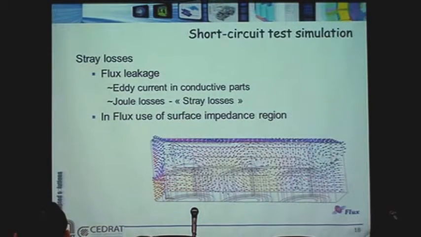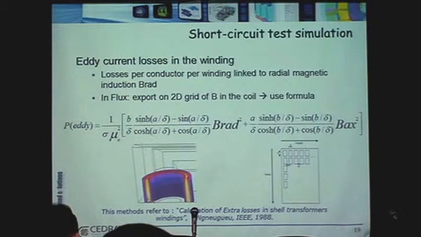All those arrows show you the current distribution inside the tank. That's just to give you an idea of the eddy current losses inside the winding. This is going to be programmed inside the software also, so you're going to be able to get this kind of thing.